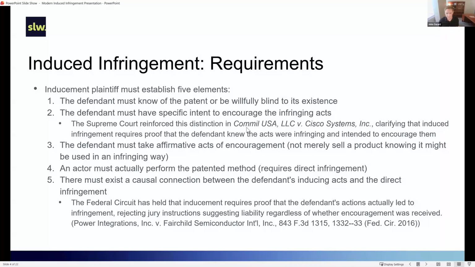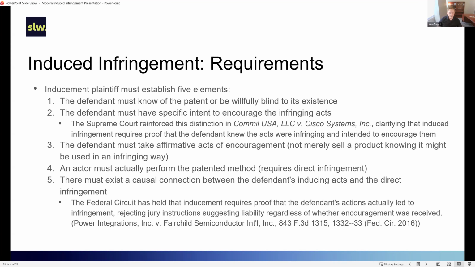This comes from Commil USA v. Cisco Systems, where the Supreme Court determined that induced infringement requires proof that the defendant knew that the acts were infringing and intended to encourage them. Three, the defendant must take affirmative acts of encouragement. Merely selling the product and knowing it could potentially be used in an infringing way is not enough.